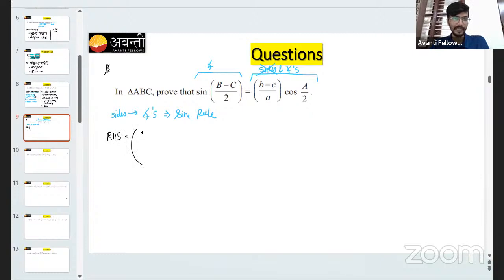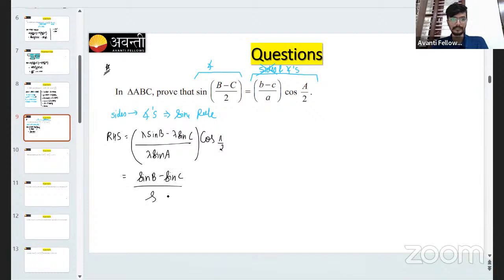So in RHS, B I can write as lambda sine B minus lambda sine C upon lambda sine A, into cos A by 2. I can take lambda common and cut. So I'll get sine B minus sine C upon sine A into cos A by 2. Now what is sine B minus sine C?